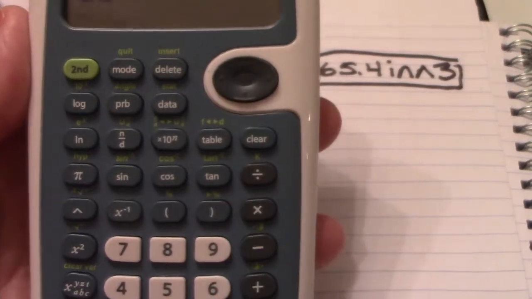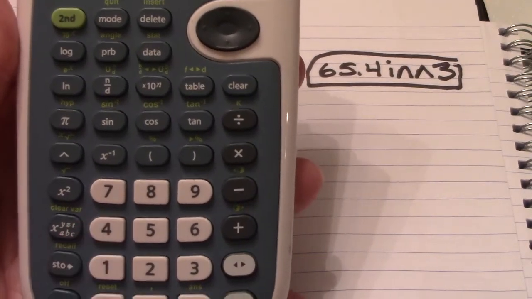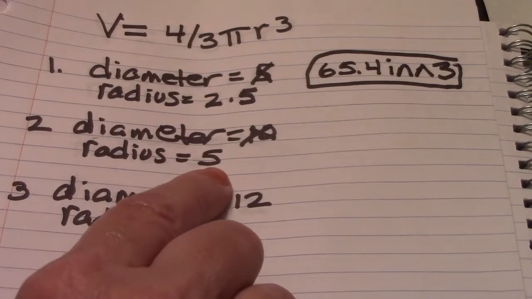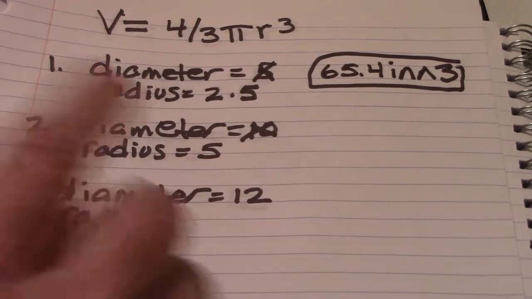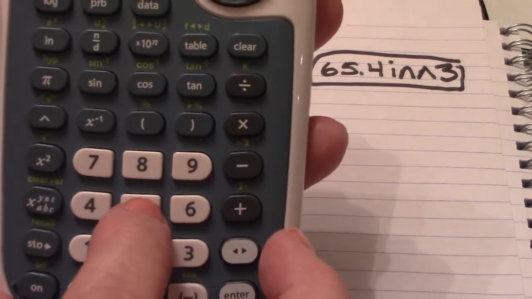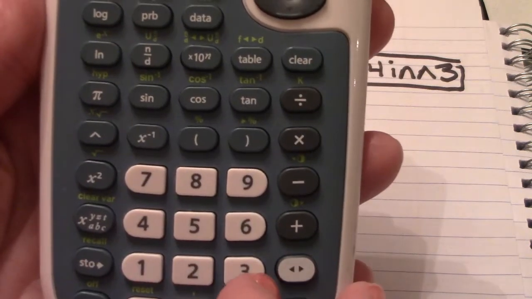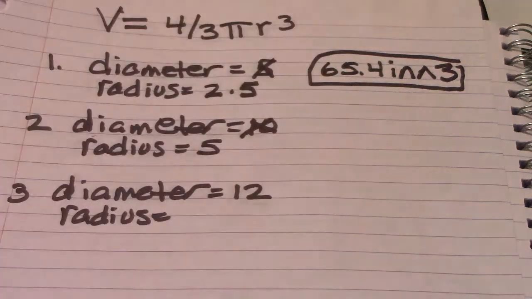And then times 3.14, which is my pi, times, now this time, if you notice, my number is only one digit. I can use the parentheses, but I don't have to. I can simply just say 5, and then I go to up caret, so I can put in my exponent of 3 because I'm cubing, and enter.